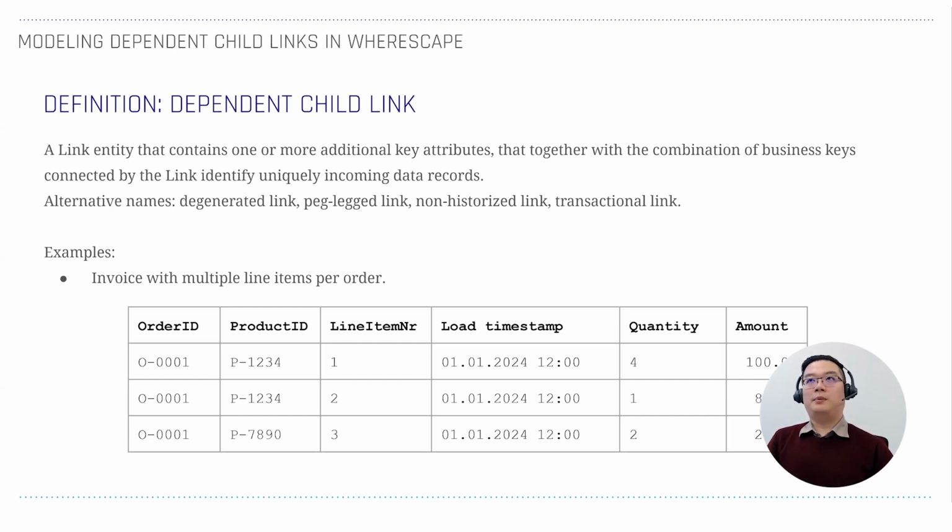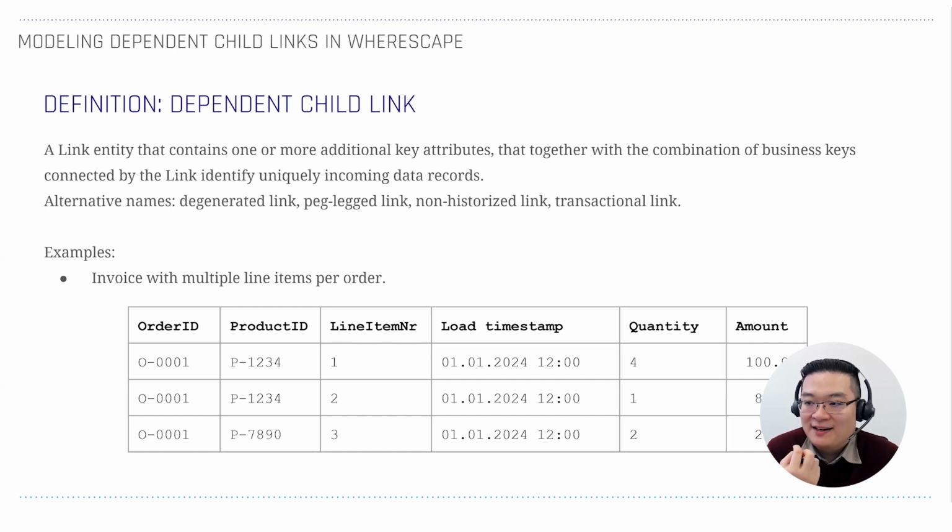If you look up dependent child link in several data vault literatures or blog articles online, you would find many different names for this. Sometimes it's called degenerated link. Sometimes it's called peg-leg link, with a funny photo of a pirate, because the pirate has just one leg.